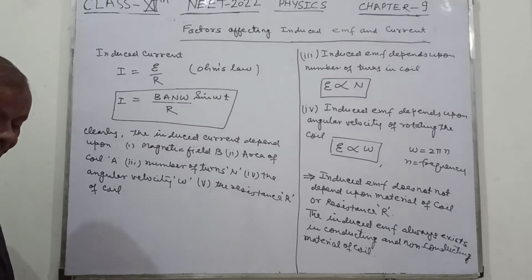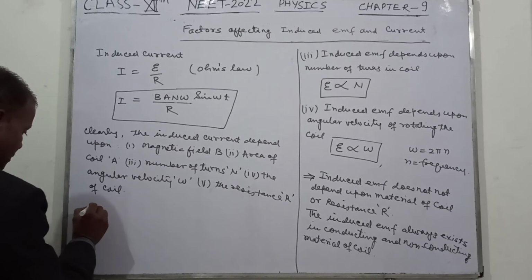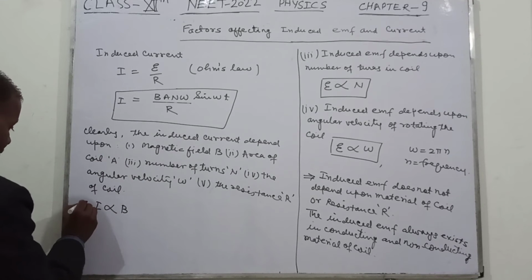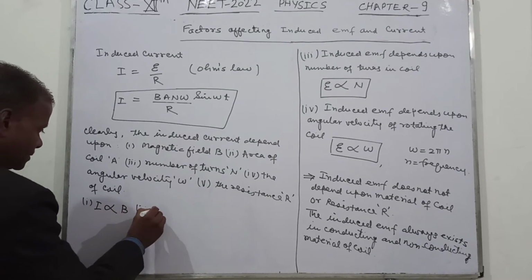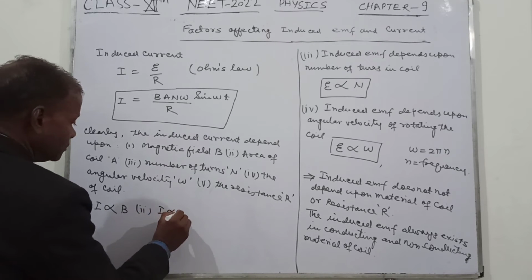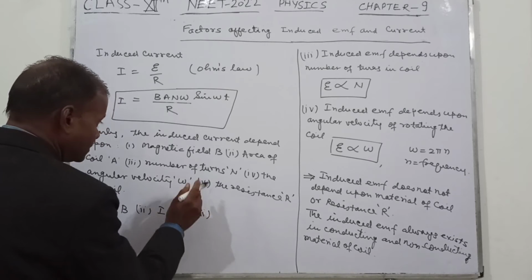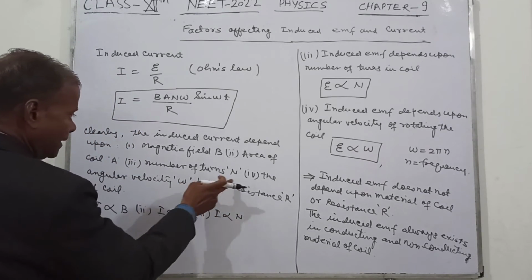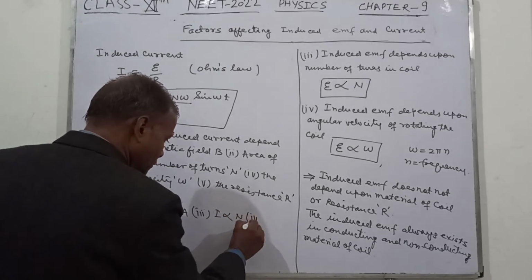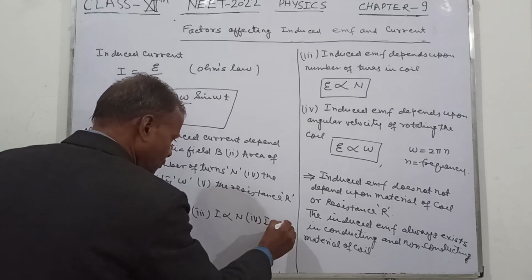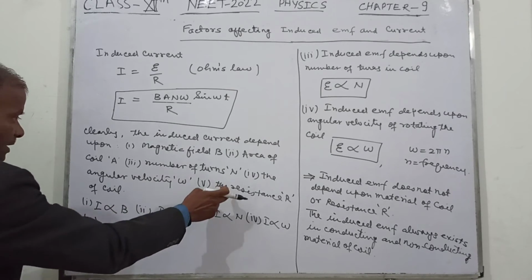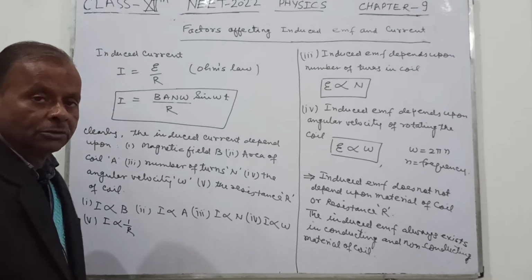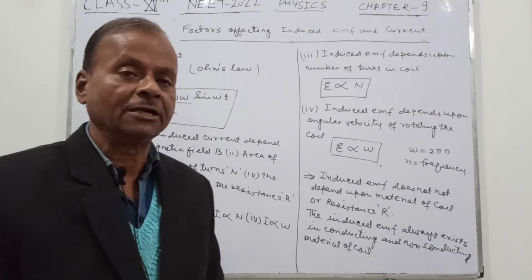So what we see is that this I is proportional to B. And second, this I is proportional to A, and third, number of turns, I is proportional to N, and now fourth, angular velocity, I is proportional to omega, and fifth, the resistance, I is proportional to 1 upon R. It means that the induced current depends upon the material of the coil.